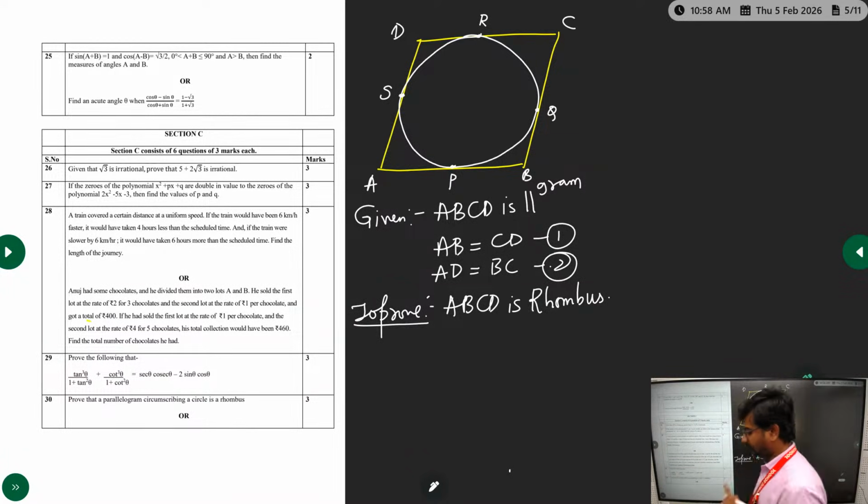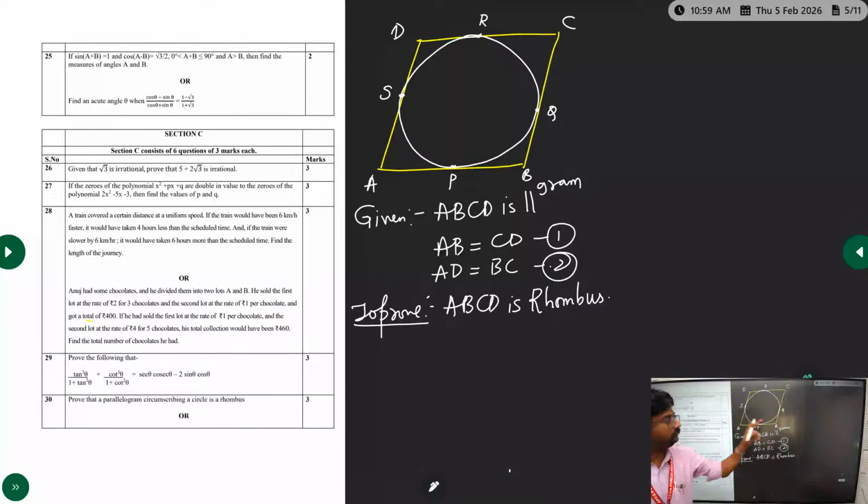Now for this circle, how many external points are there? Which are those 4 external points? A, B, C, D are the external points. P, Q, R, S are the points of contact. Okay. What do I call AB for this circle? Tangent. What do I call BC for this circle?